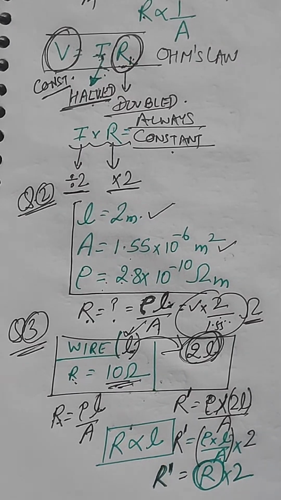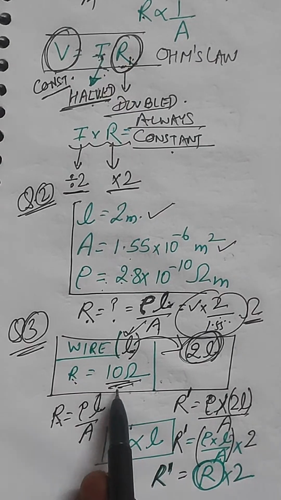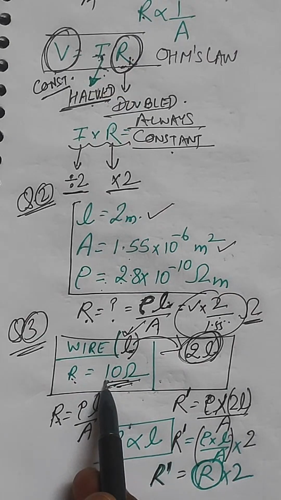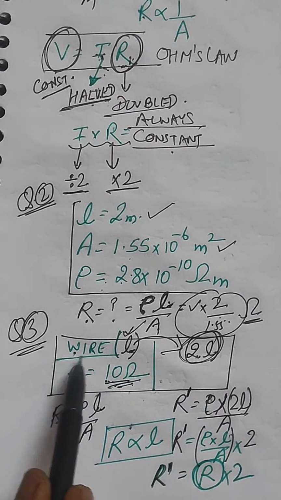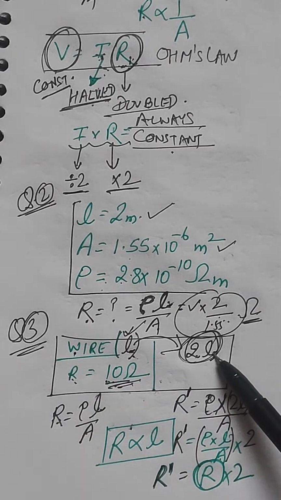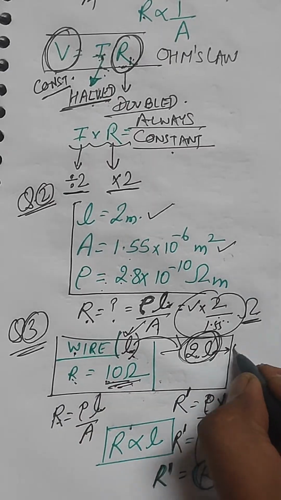That means when the question is asked that a wire of resistance 10 ohm is stretched to double its length, let us assume the initial length is L, then the double length will be 2L.